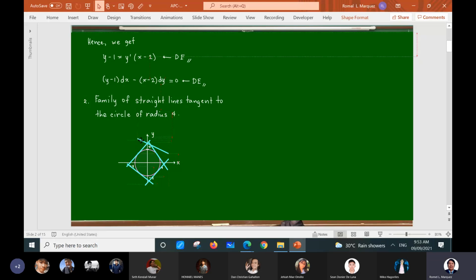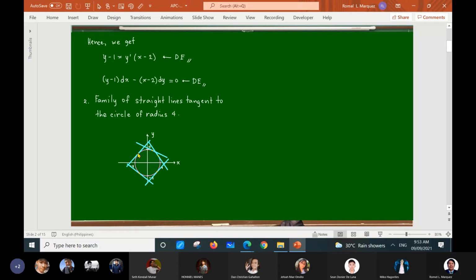These are just some of those possible members. As long as it is tangent to the circle, it is a member. Clear, guys? Point of tangency here, point of tangency somewhere here, for this line, here and here.